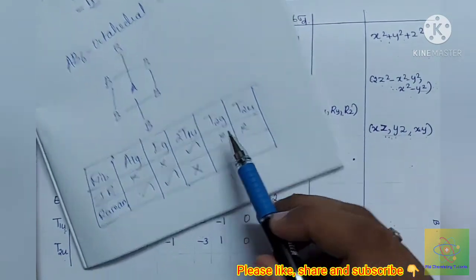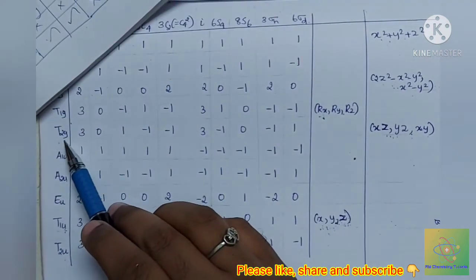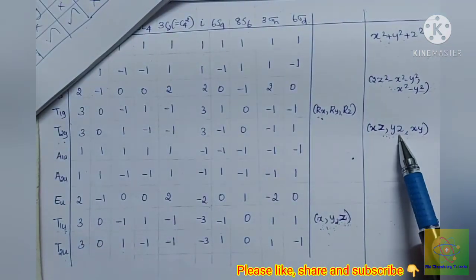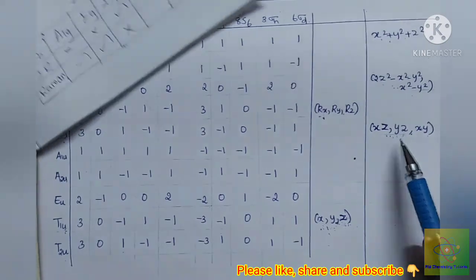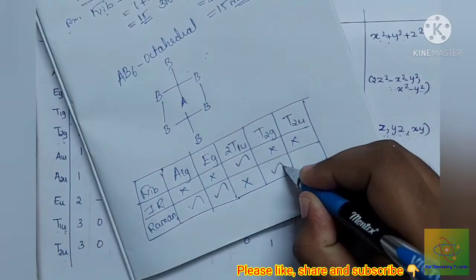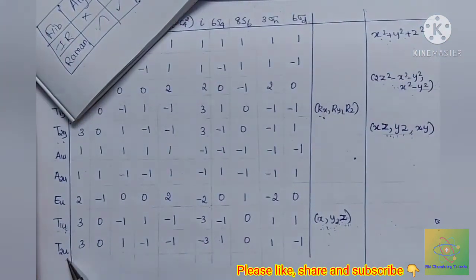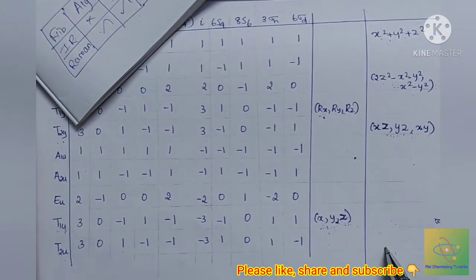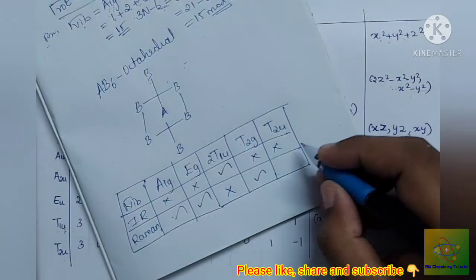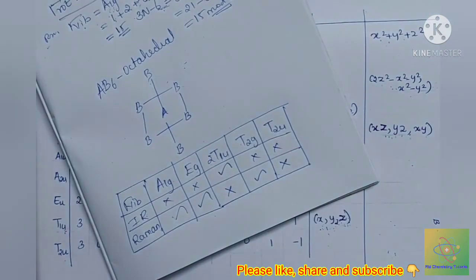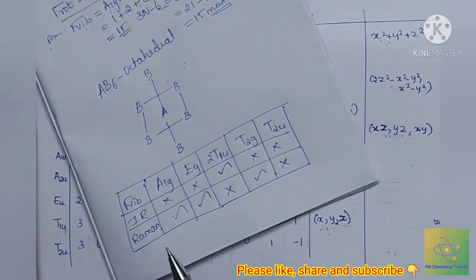Next T2G. T2G has linear combination. So again it is Raman active. Next T2U. In the case of T2U, we don't have any linear combination. So T2U is Raman inactive.